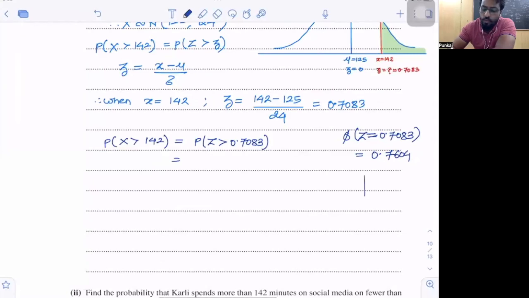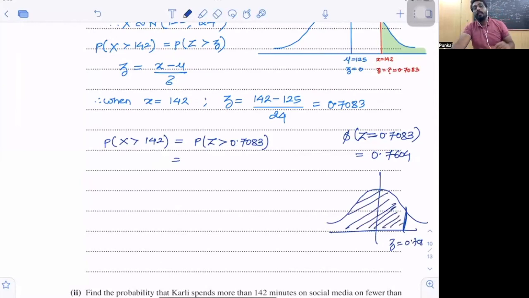If you make a rough bell-shaped curve, this is where Z equal to 0.7083 is. Before this value, how much data is lying? Around 76% of the data. So it's 0.7604. If you multiply it with 100, it's 76.04%. So before this value of Z, there is 76% of the data lying.